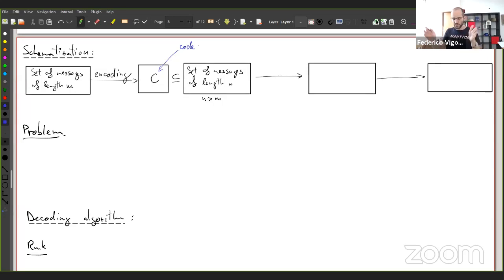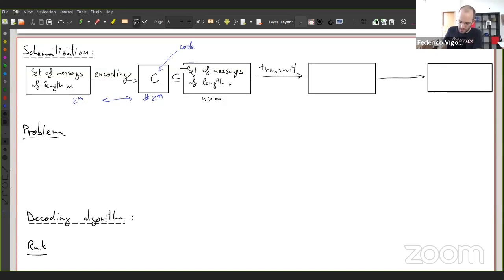Among all the messages of length n, I choose a subset of cardinality 2 to the m, and each one of these uniquely corresponds to a message of length m. Okay, so now that we have the code and a way to associate to a string of m symbols a much longer string with n symbols, we transmit these new symbols, and here some noise might happen.